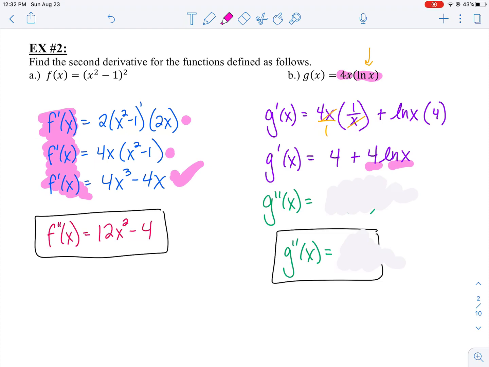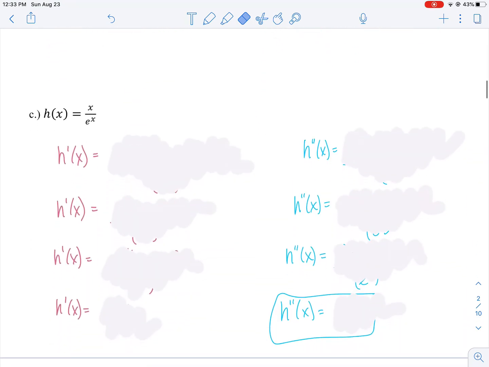You should not have to use product rule on that one because the 4 doesn't have a variable with it like it did in my original problem. It is just a coefficient, just a number in the front that I can leave out in front, and then just find the derivative of natural log of x, which is 1 over x. I can simplify my final answer and say that the second derivative, g double prime, is 4 over x.